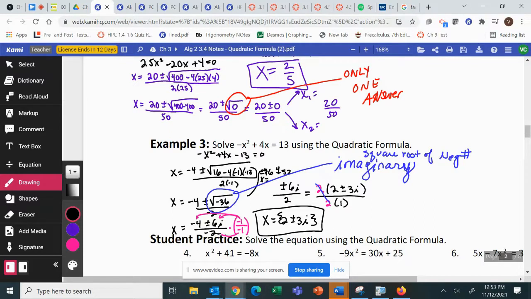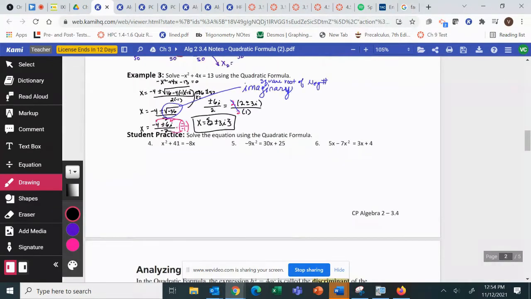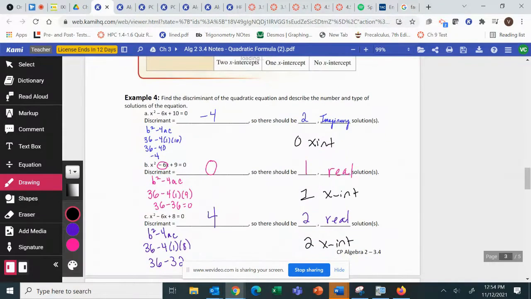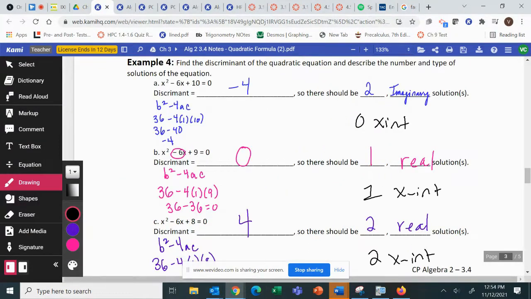That's the only way you can get an i, and the only way you can get an i is having a plus or minus. You will always have 2 imaginary solutions. You will never have 1 imaginary solution. So these are all the scenarios you'll ever have. Not once should anybody write, ooh, 1 imaginary. If you're going to guess, don't guess that one. This is all you have.